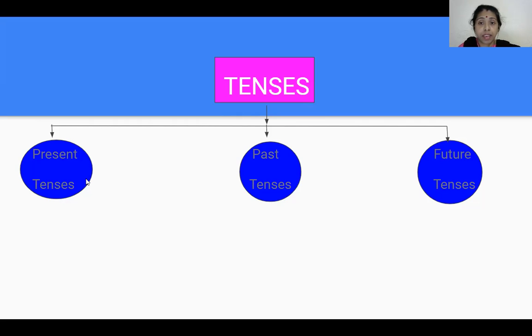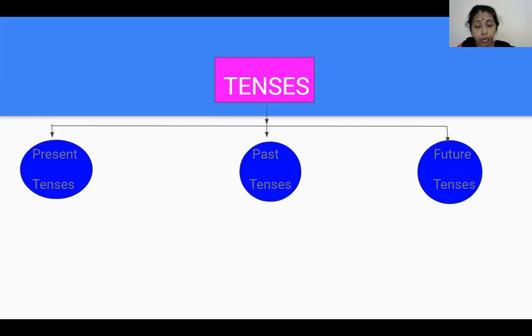Present tense means the work that is happening now, in the present situation. That is called present tense. Past tense means the work or the incident that has already completed, already finished.